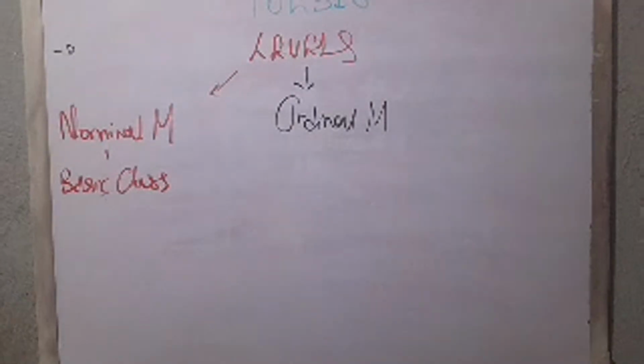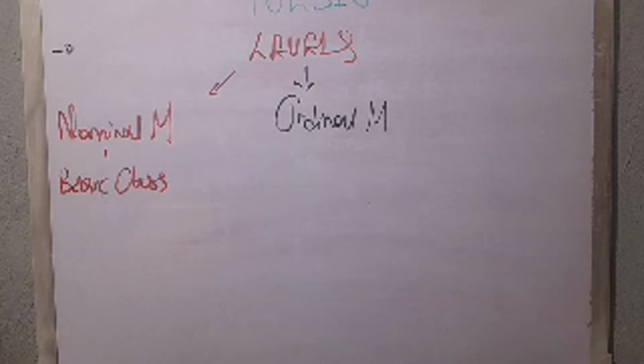Now let's move to the next one, which is interval measurement. According to Black and Champion in 1976, this level of measurement has all the properties of nominal and ordinal.